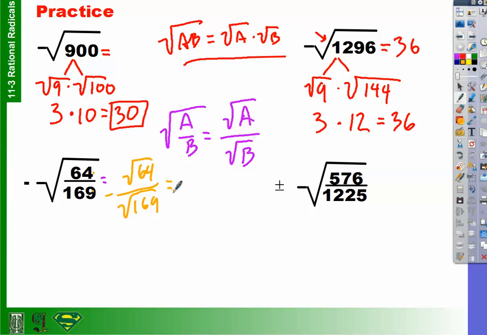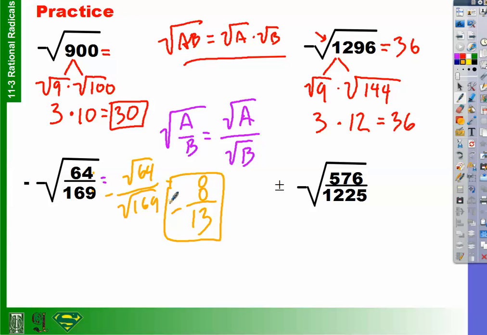Adam? 8. In this case, we're only looking for the end answer that is negative, okay? So we have 8 over, what is the square root of 169? Yvonne? And again, we're looking for the negative answer. And so there we have it. So this is not terribly complicated. It's fairly easy to follow these two steps.